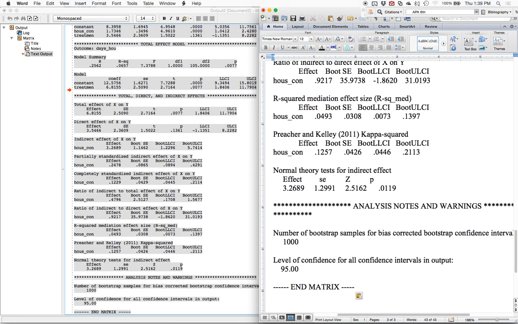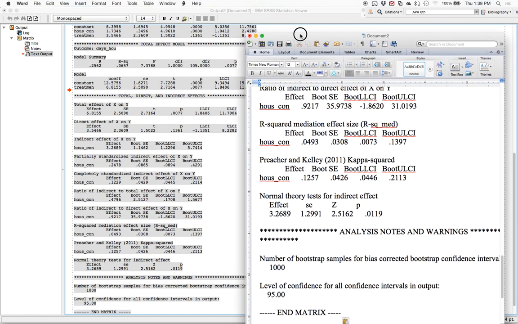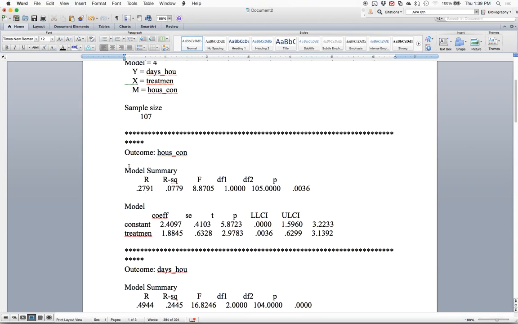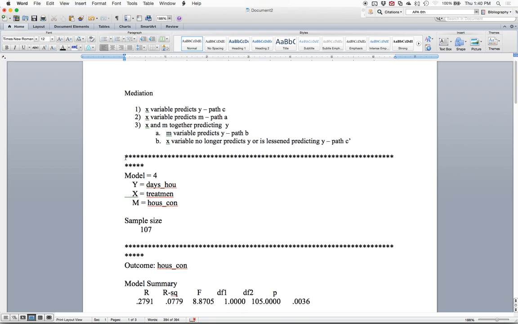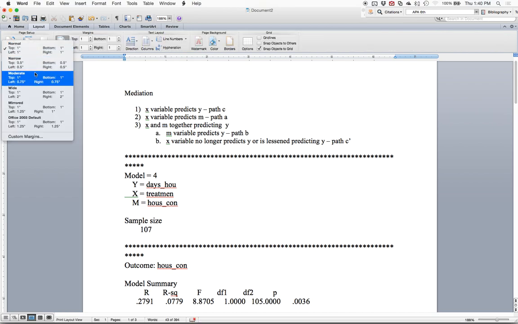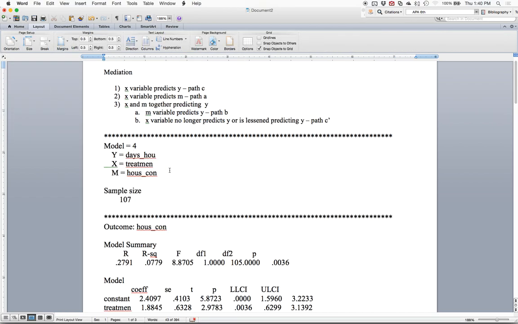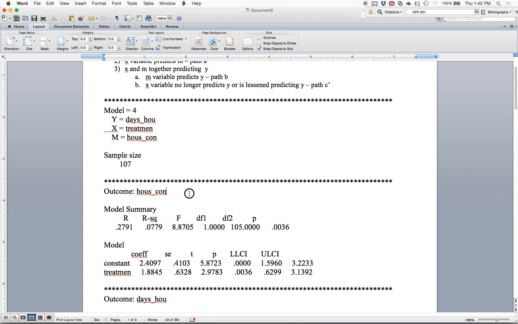So, you get all this crazy output. What next? Let's see where I'm at here. So the first thing it tells me is what I did in my analysis, which is nice because it reminds you what you picked as x, m, and y. And then the next thing you get here is this outcome is housing contacts.